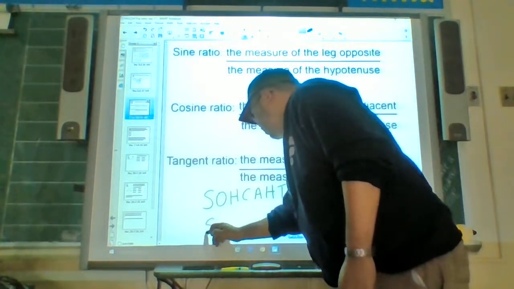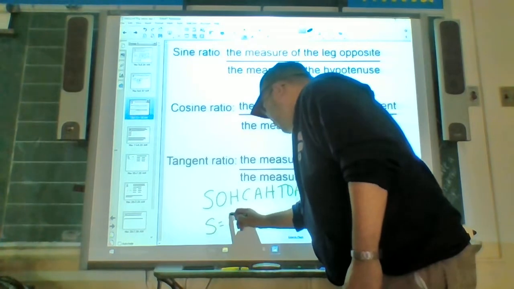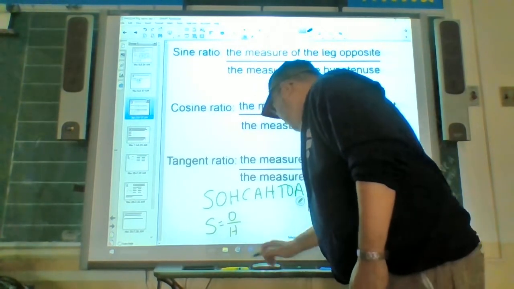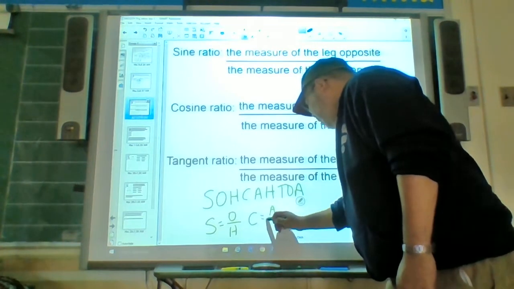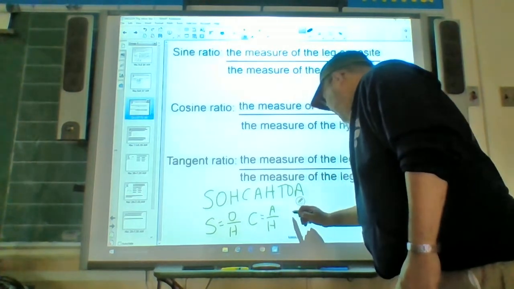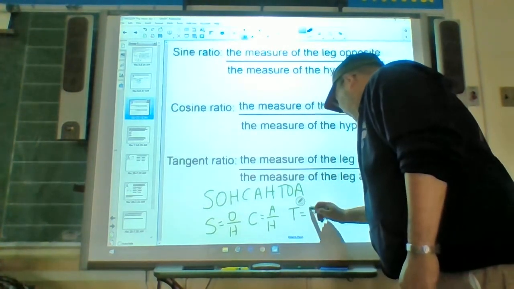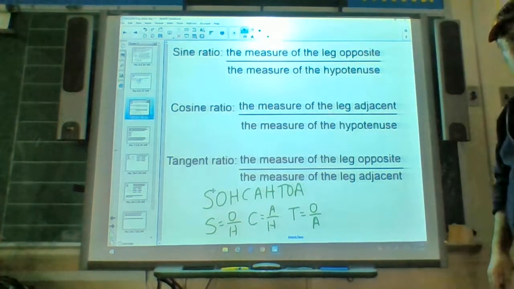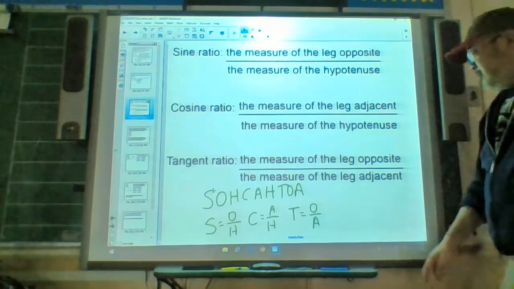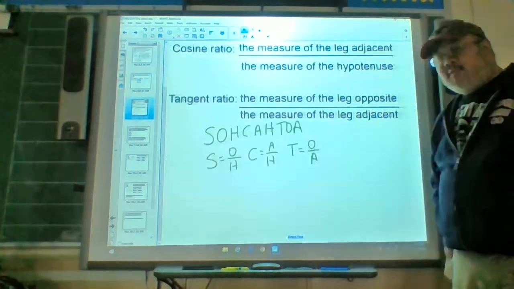S, sine, is equal to the leg opposite over hypotenuse. C, cosine, is equal to leg adjacent over hypotenuse. And T, tangent, equals leg opposite over leg adjacent.